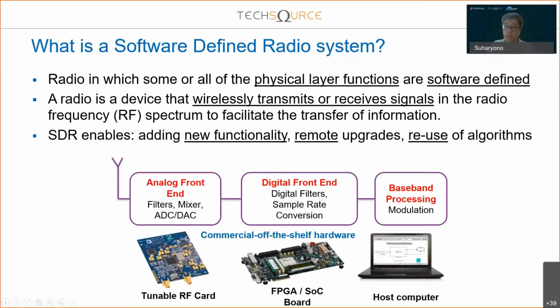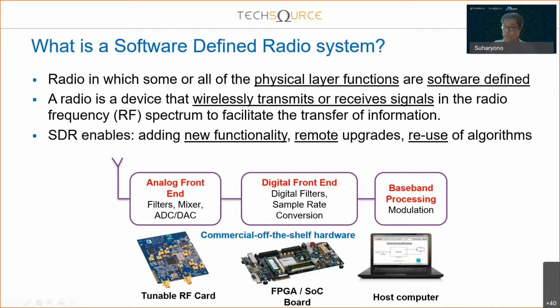We can think that this system can be built from commercial off-the-shelf hardware. A typical example: for the front end, maybe you have an FMC-based tunable RF card connected to an FPGA, or if you're using a system on chip board, then for baseband processing you have your host computer that runs the simulation.